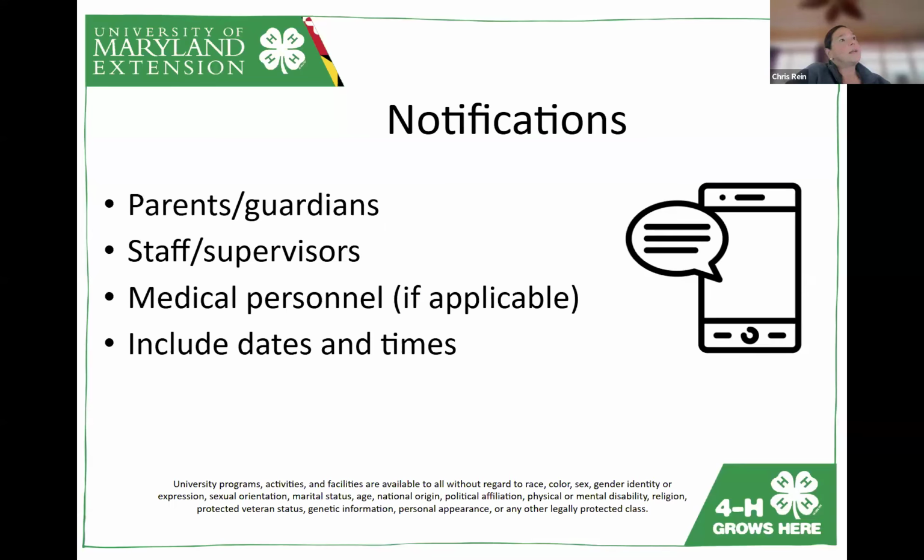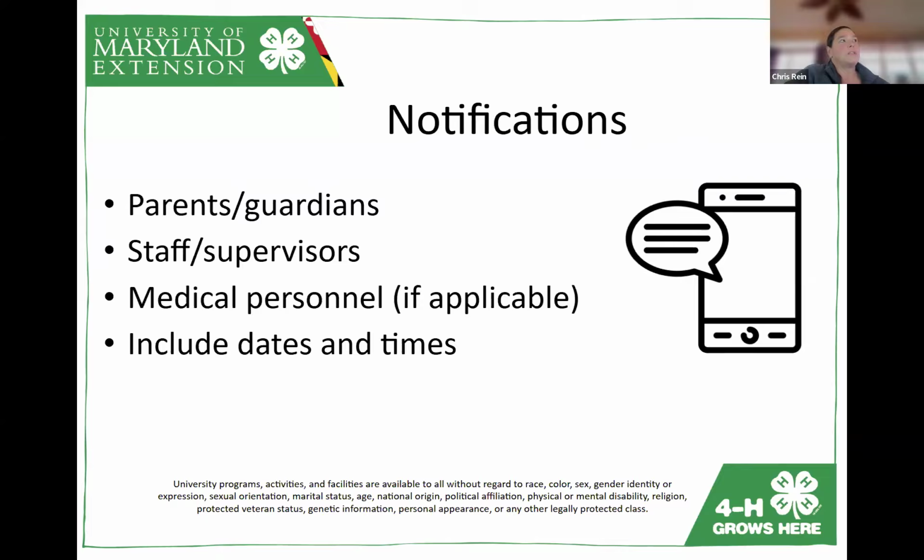Notifications. When you have an incident accident report, notifications really depend on what's happening. If it's dealing with a youth, you want to make sure that you're reaching out to the parent or guardian. You also want to have a conversation with the staff in charge of the event or program that's happening through 4-H.